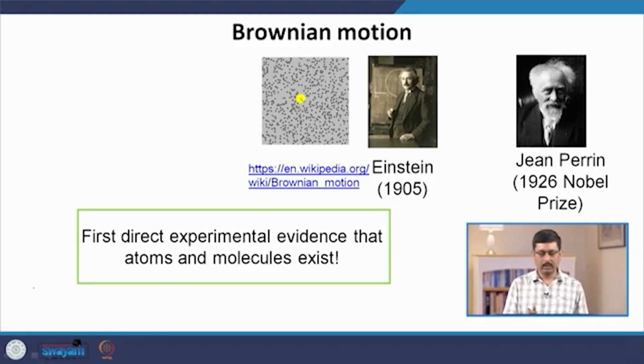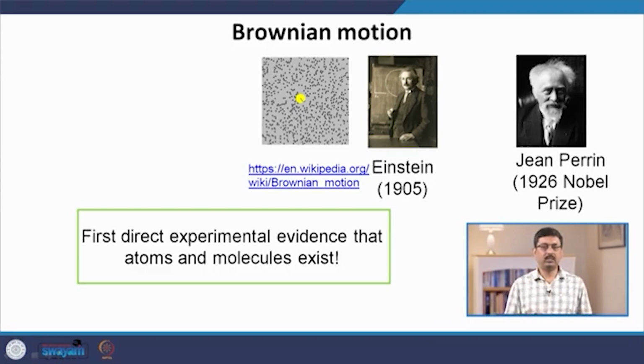How did he do that? From Einstein's theory, he measured the Avogadro number. For this groundbreaking experiment, he won a Nobel Prize in physics.